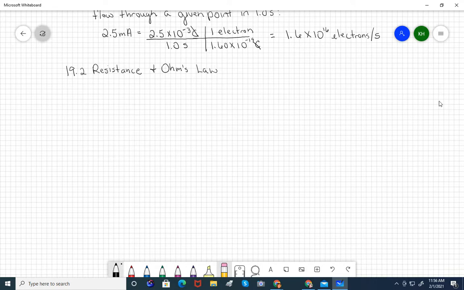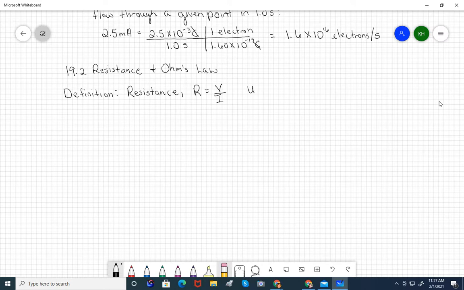Now, first let's get our definition of resistance. The resistance, which is represented with a capital R, that makes a lot more sense than current, which is represented with a capital I, is given by the formula R equals V over I. It's the ratio of the potential difference and the current.